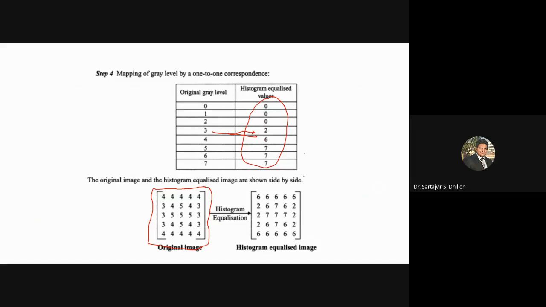Okay, if there is any problem in this question, then please ask, and otherwise I will make another diagram so that you can understand. 0, 1, 2, 3, 4, 5, 6, and 7. So there are 7 gray values here.